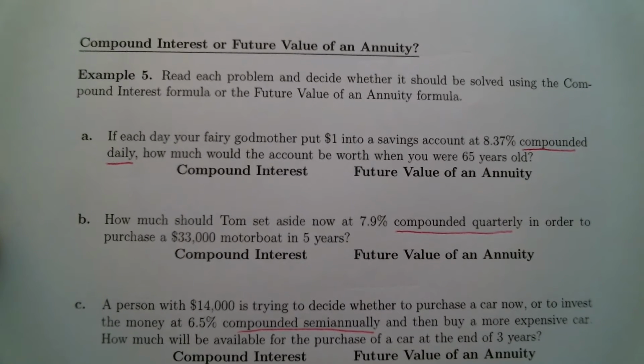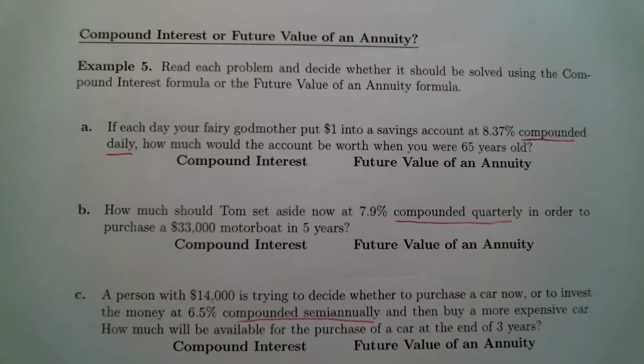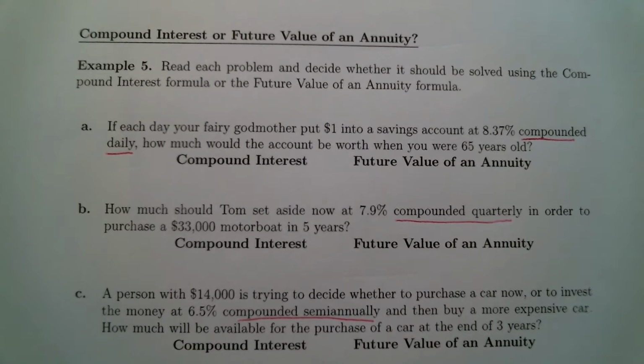Part A. If each day your fairy godmother put $1 into a savings account at 8.37% compounded daily, how much would the account be worth when you are 65 years old? So you're lucky here, you have some fairy godmother who is saving money for you.